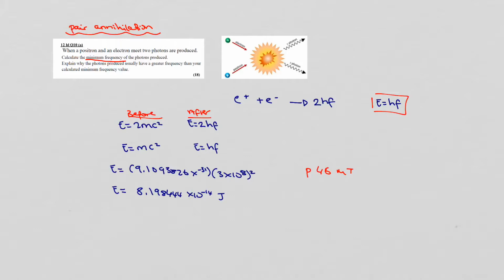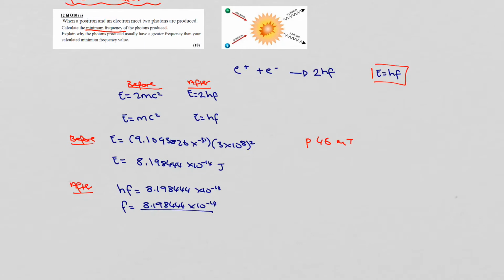So this energy, before, and then afterwards, must be equal to the energy of the photon. In other words, hf must equal 8.19844 by 10 to the minus 14. If we're looking for the frequency, then I must divide both sides by Planck's constant. Planck's constant again was not given to us in the question, so we have to go to page 47 in our maths tables for Planck's constant.